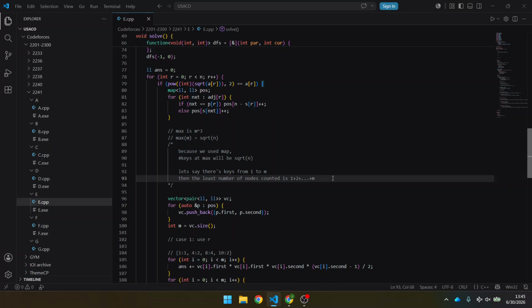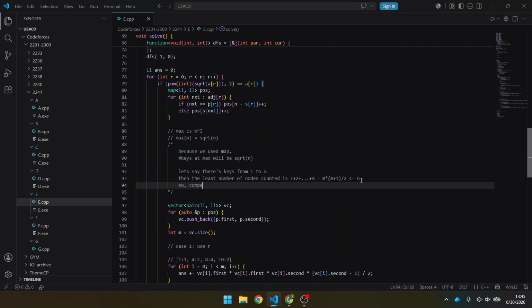So there's only one subtree of each. The least number of nodes counted is 1 plus 2 all the way to M. This is M times M plus 1 divided by 2. Now notice that this is less than or equal to N.